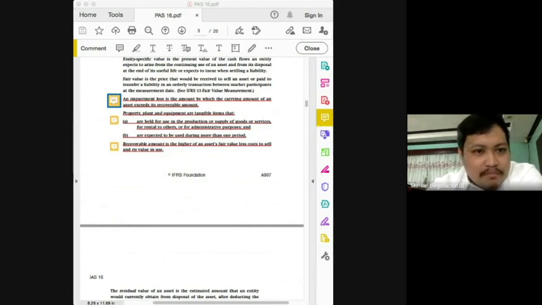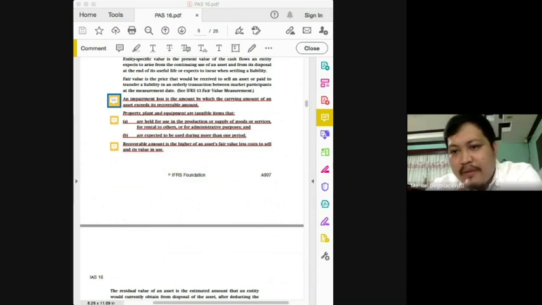Now let's proceed to the definition for your property, plant, and equipment class. Okay, property, plant, and equipment are, number one, they must be tangible assets. There is a different kind of asset class which are being used similar to your property, plant, and equipment, but they will not be considered as property, plant, and equipment because they are not tangible.